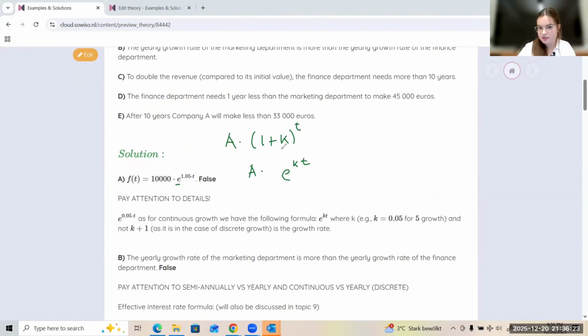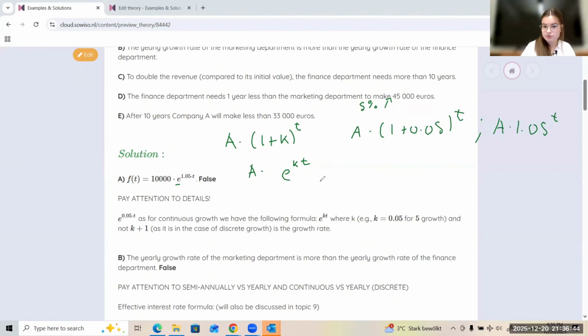So k is the percentage increase. If you want a 5% increase in discrete growth, you would do A of 10,000 times 1 plus 0.05 to the power of t. So you would have A times 1.05 to the power of t.